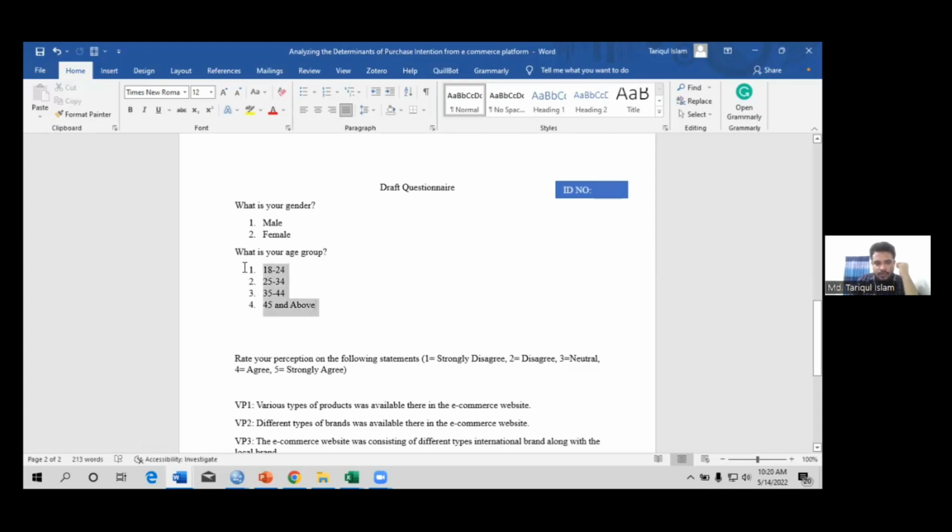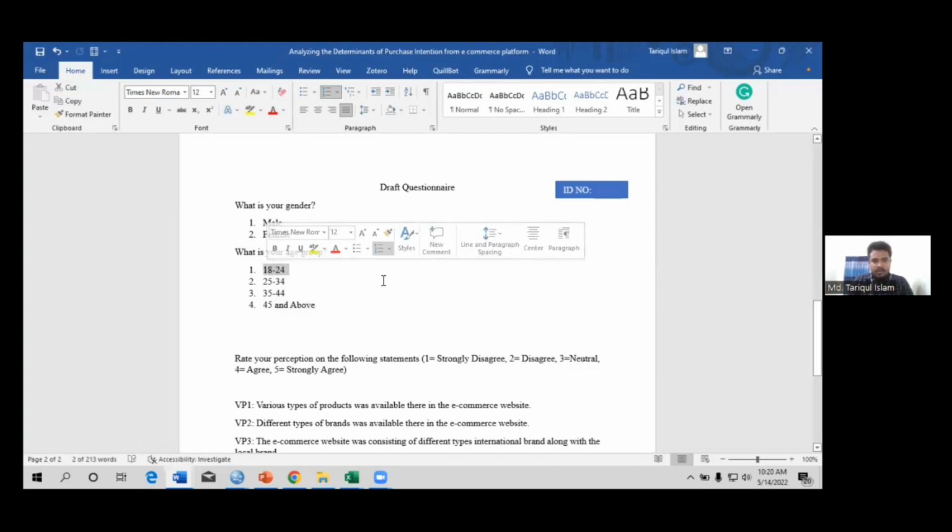So there is no specific age, because if a person claimed that he belongs to the age group of 18 to 24, we don't have the assurance about the exact age of that person. He might be 18 years old, it might be 19, 20, 21, anything, but he belongs to that age group.